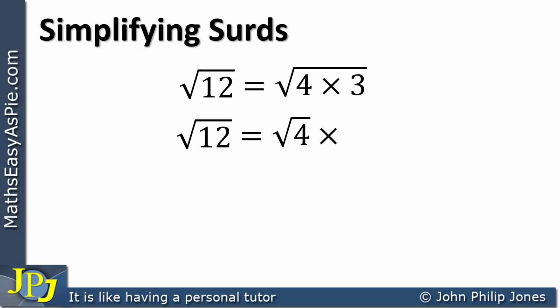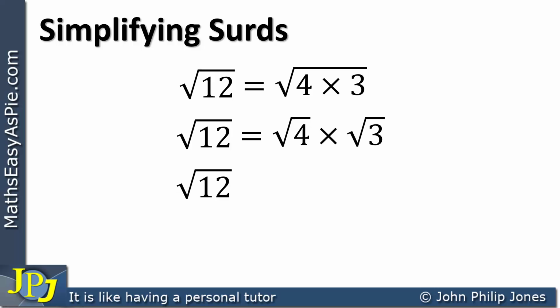And then I can put the 3 in its own root as shown here. So it is a general rule that you can take this and split it as shown here. Now, this is a general rule that I introduced earlier in the playlist, and it's one that frankly you need to understand or at least memorize.